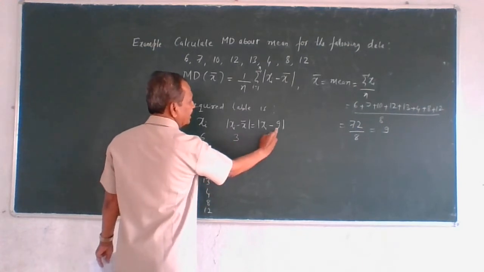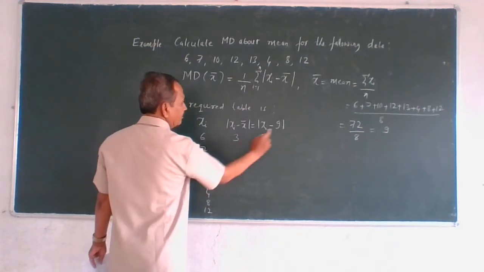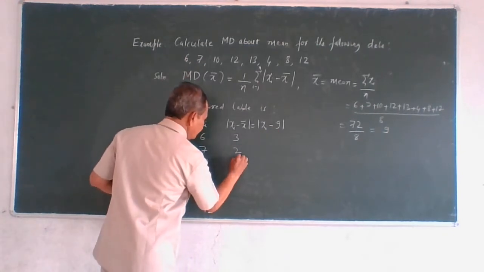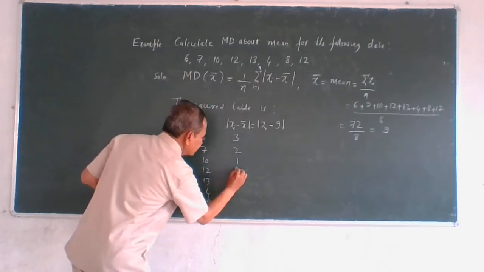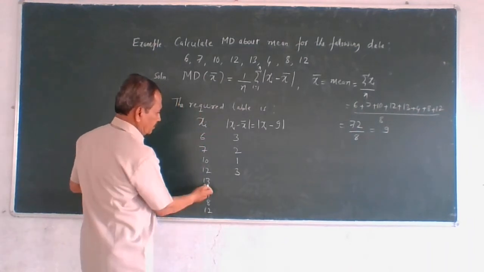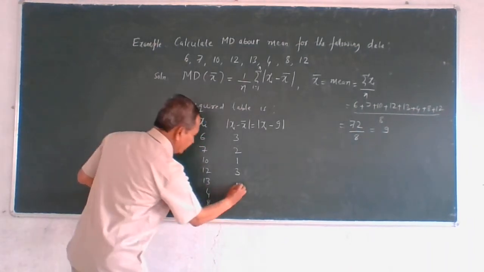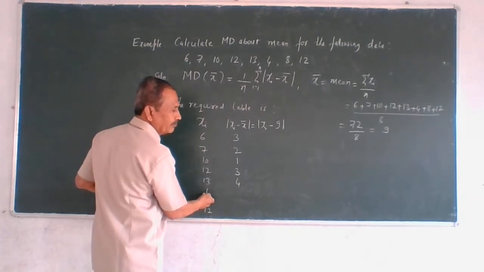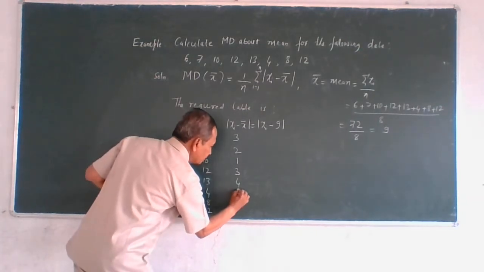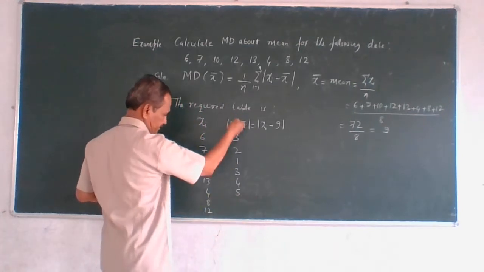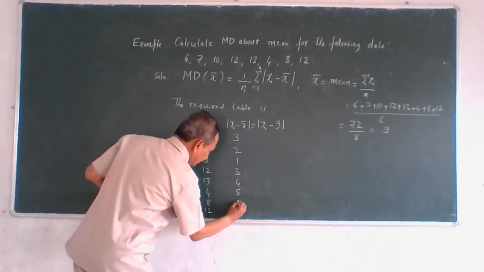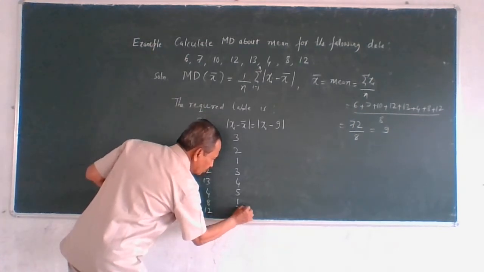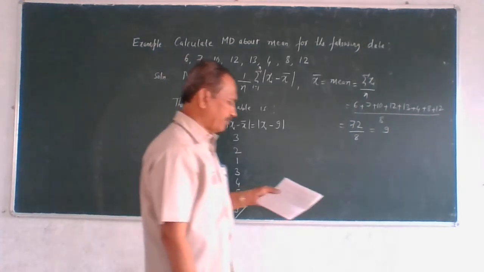Next, 7 minus 9 is 2, 10 minus 9 is 1, 12 minus 9 is 3, 13 minus 9 is 4, 4 minus 9 is minus 5, take it as plus 5 because of the modulus. 8 minus 9 is minus 1, so plus 1, 12 minus 9 is 3, and add up all of these.